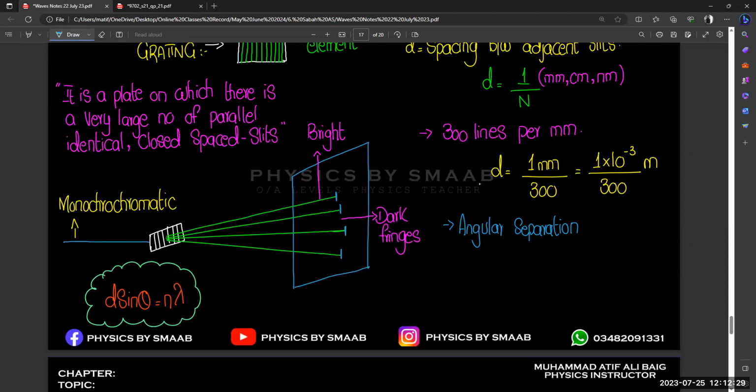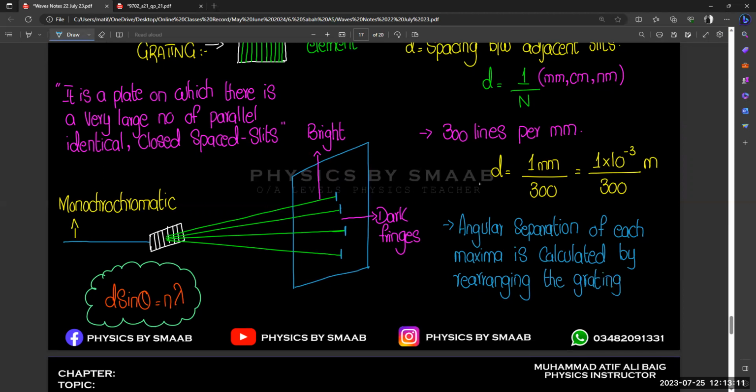So that means the angular separation of each maxima is calculated by rearranging the grating equation to make theta the subject.